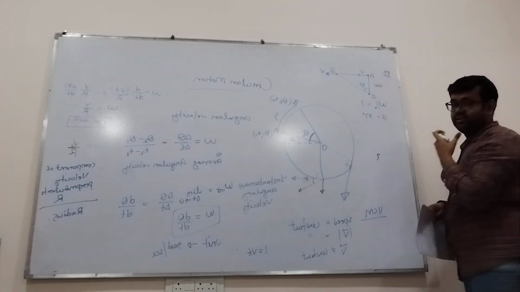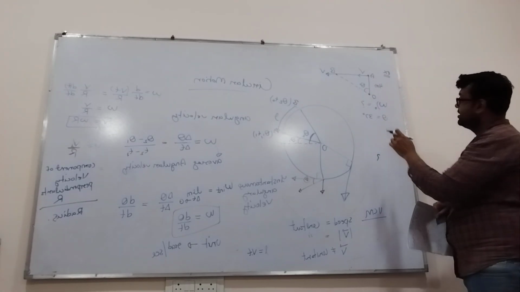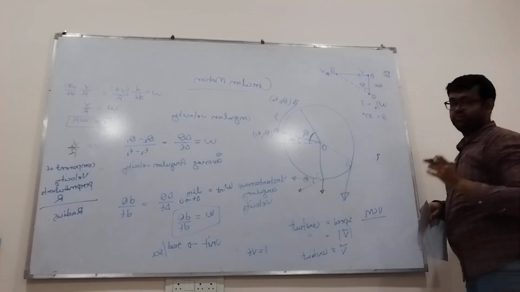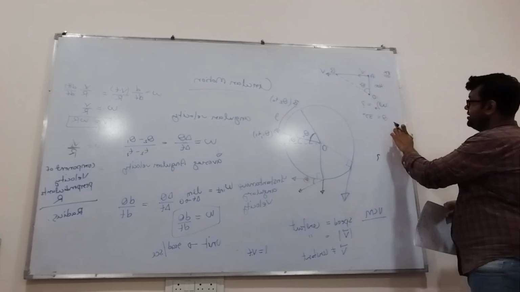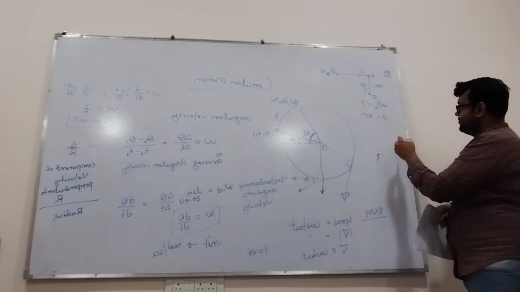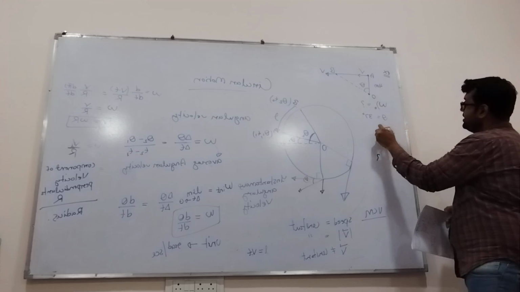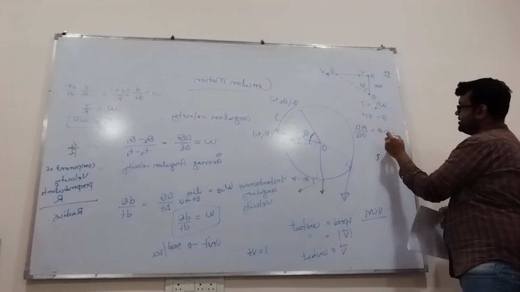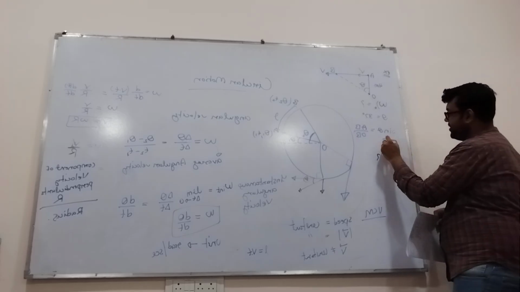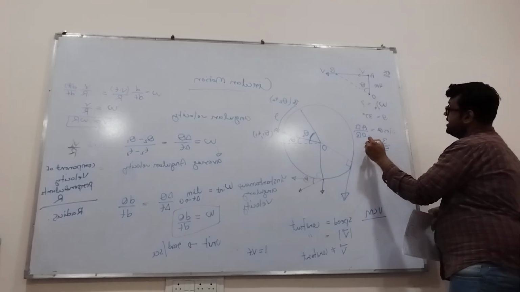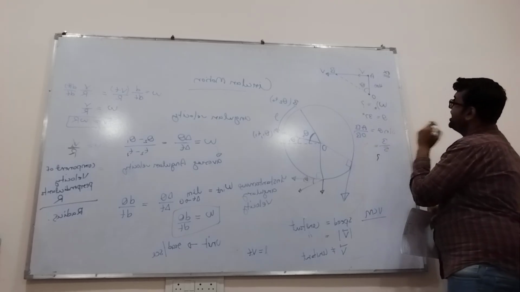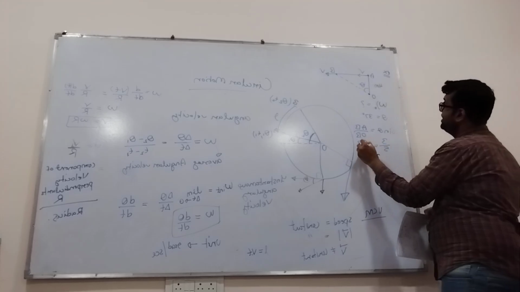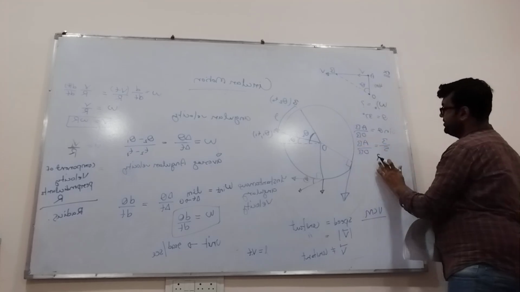When the object has moved from A to B, what will be the distance of AB? That is sin theta, AB upon OB. Sin 37 is nothing but 3 by 5. And we have to find out the AB and also the OB.